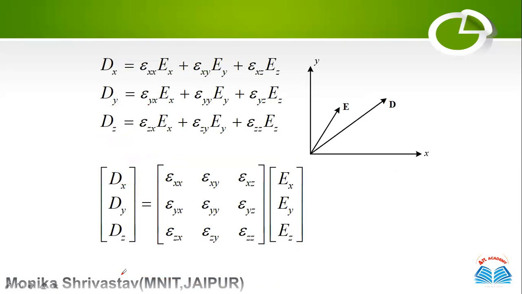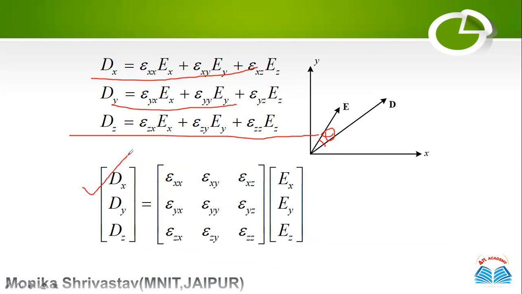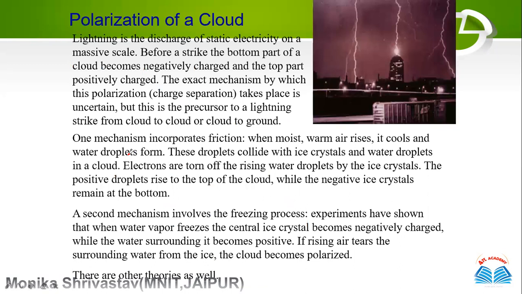For any anisotropic dielectric, E and D have some angle theta and are not parallel to each other. So to solve these types of questions, for simplicity we will make a matrix like this, and then we can solve the question.